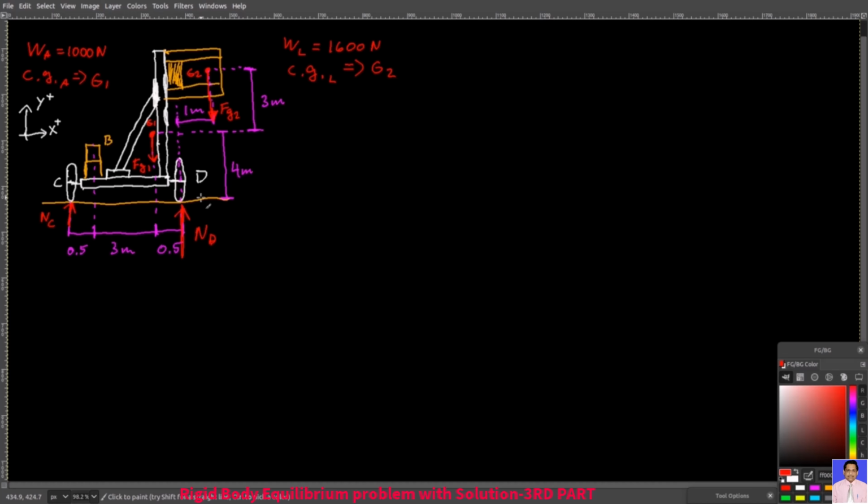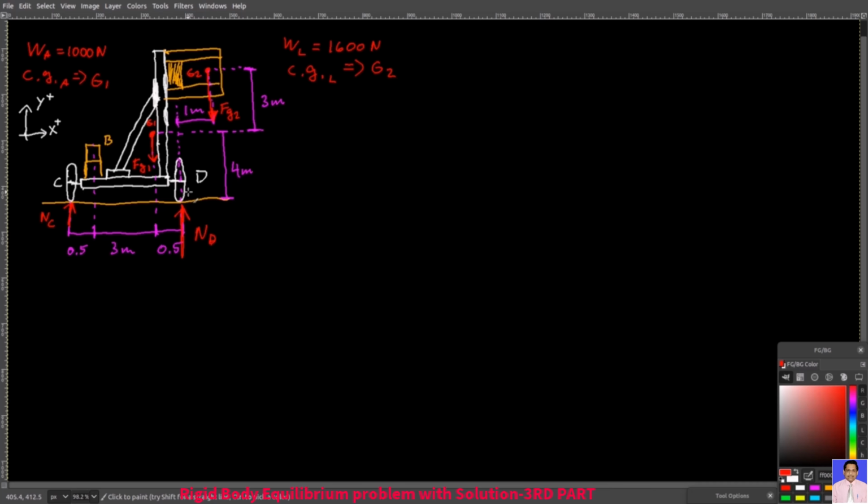Finally, at points where the wheels touch the ground, the structure can rotate about those points, which essentially is when it tips over, something that we want to avoid with counterweight blocks.